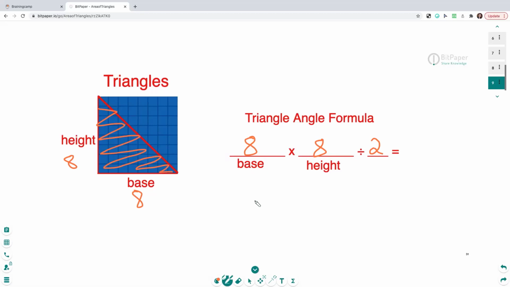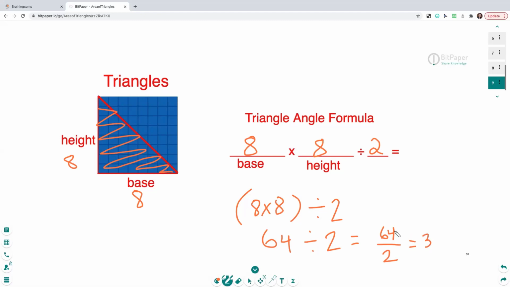So 8 times 8, and I'll rewrite that down here, is 64. If I want to divide 64 by 2, or cut 64 in half, let's see, I know that 60 cut in half is 30, and 4 divided by 2 is 2. So 64 divided by 2 equals 32.